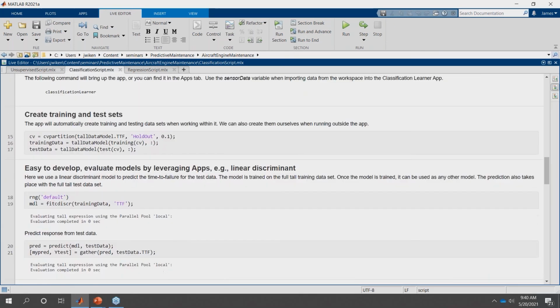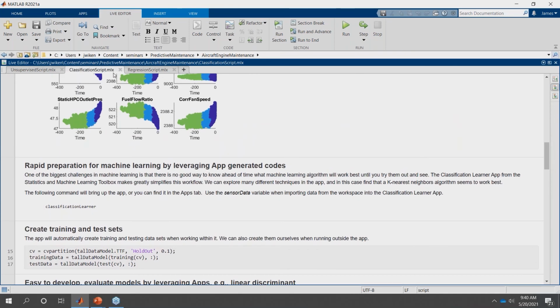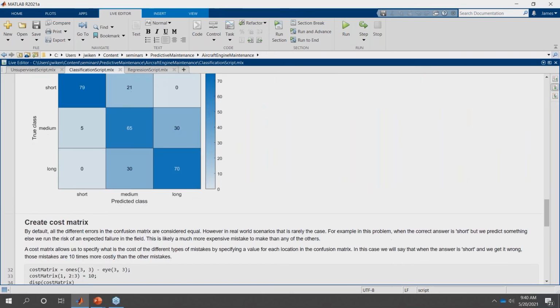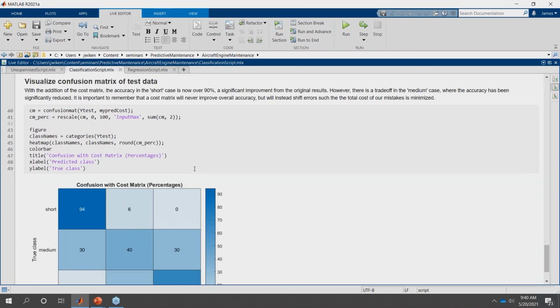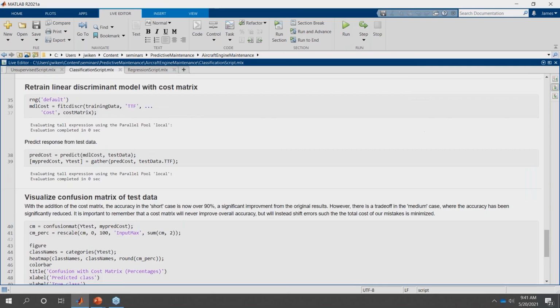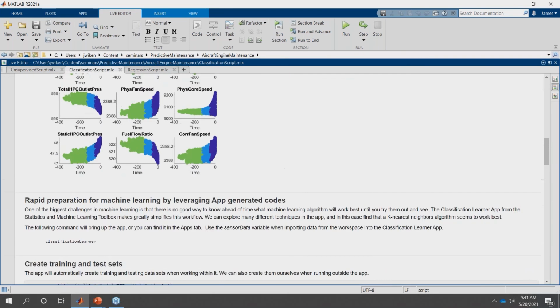If you want to see how you would do that, there is this classification script. So when we send out all the code afterwards, feel free to look through this, and it will walk you through the process of how you build out one of these models, how you validate it, and see how well it performs.